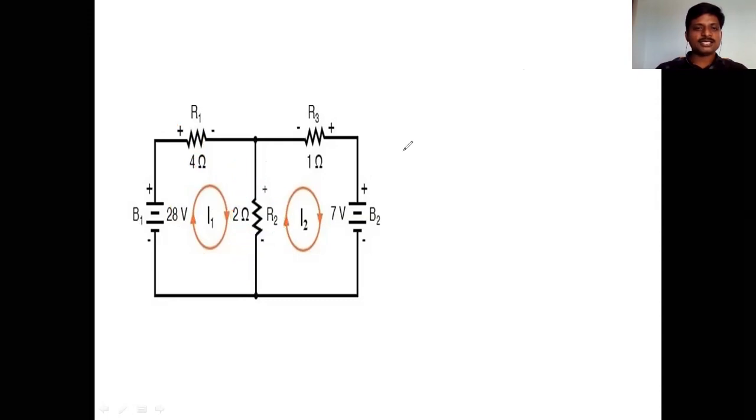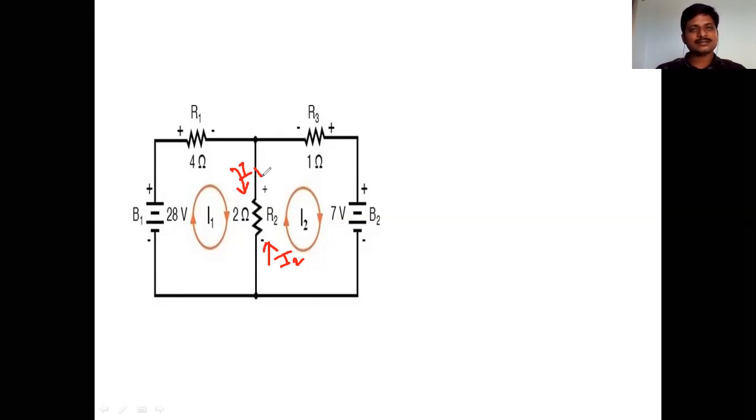And if you see the direction of I2, it is opposite to I1. So this is I2 current, and this is I1 current. The current flowing through the branch R2 is the resultant current.